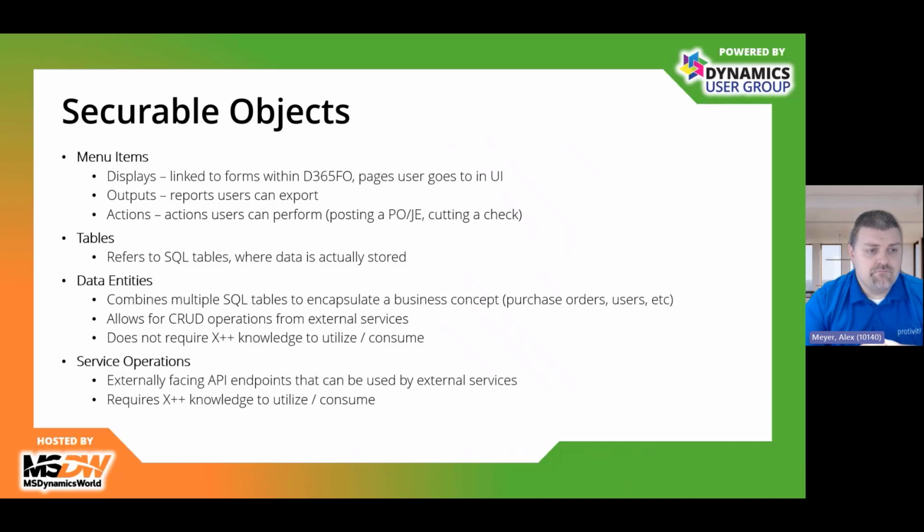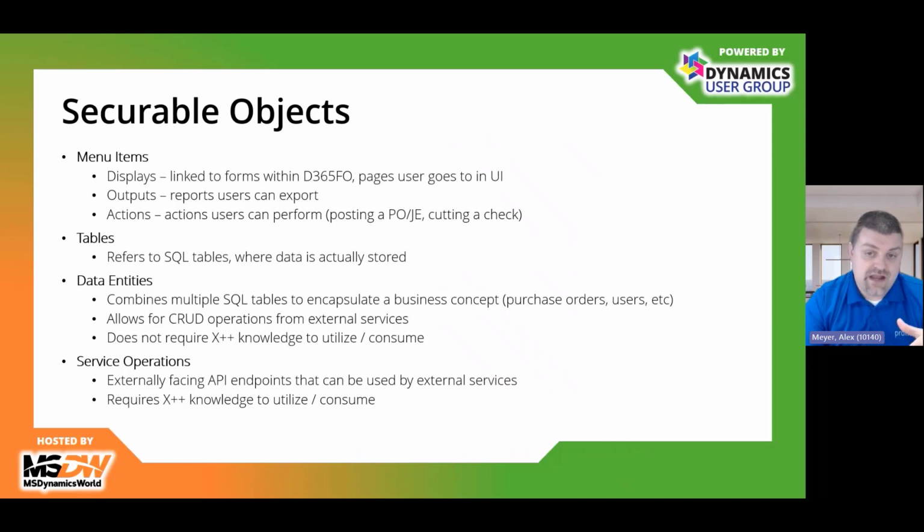The second menu item type is outputs. So anytime you are in the user interface and you click on a button and it actually generates a report, the access to those is controlled by menu item outputs. And then the final menu item type are menu item actions.